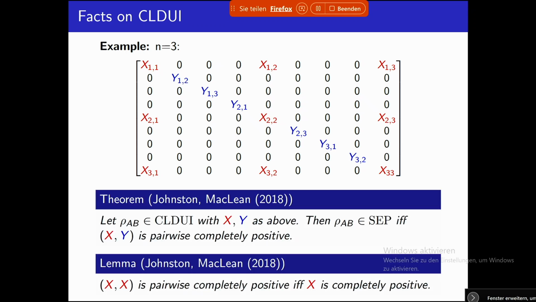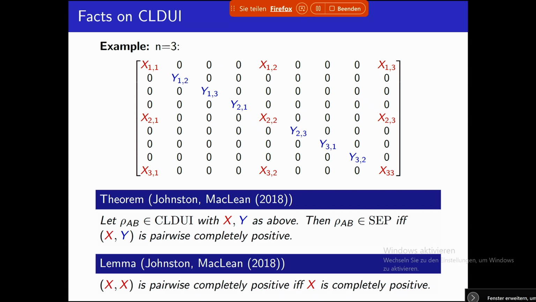And this is also sort of why we got interested in looking at CLDUI states to begin with. Because you have your state rho AB, which is CLDUI, and then you have a bijection with these matrices X and Y, which are not of size n squared times n squared anymore, but n times n. And since they fully encode all the information of the initial state, separability is also encoded on the level of X and Y. And here the statement is that rho AB is separable if and only if (X, Y) is pairwise completely positive.